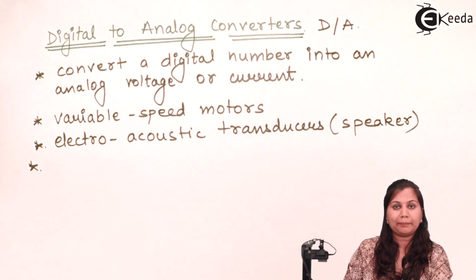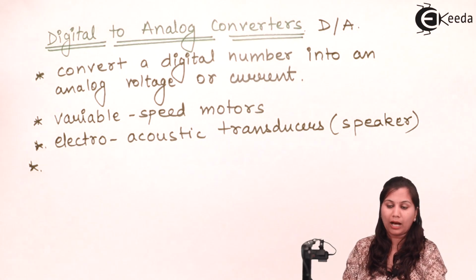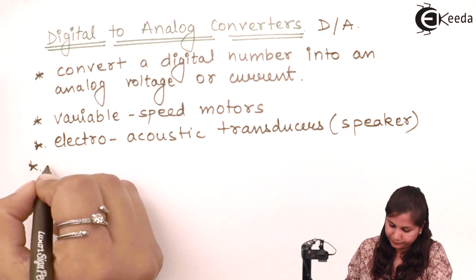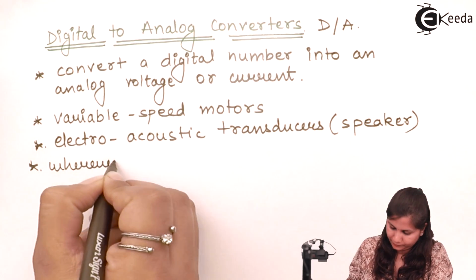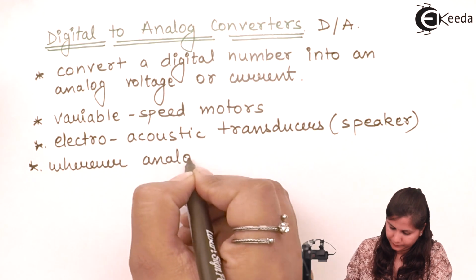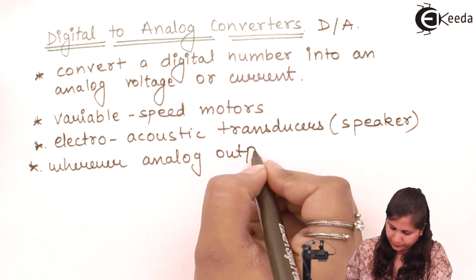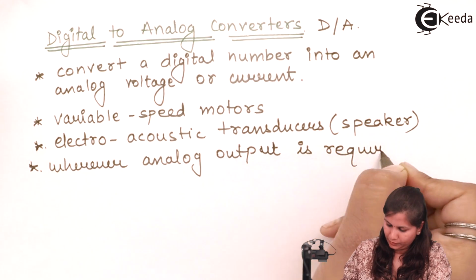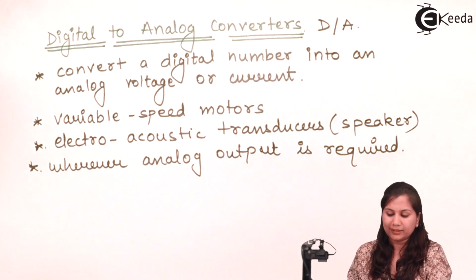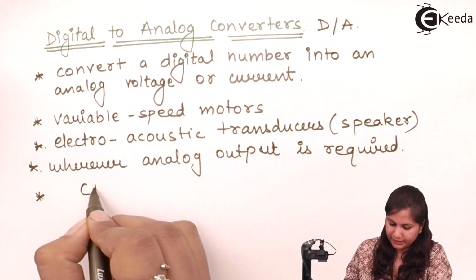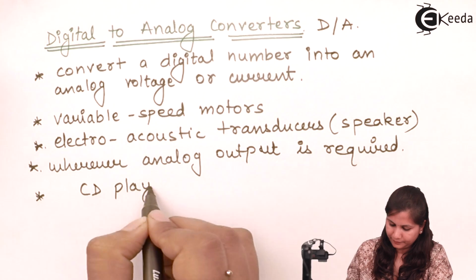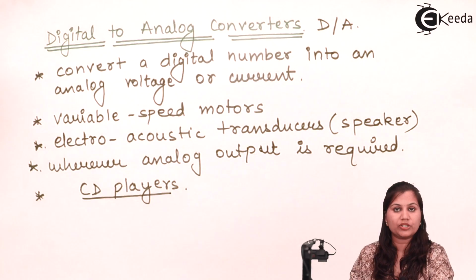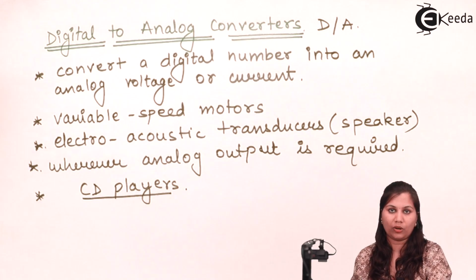So all the applications where we require an analog output, there D to A converters can be used. Another example is CD players. In CD players also the digital signal is to be converted into an analog signal.